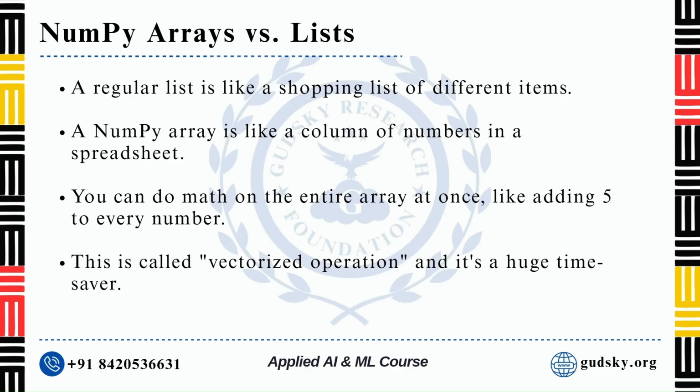The real magic is that you can apply a math operation to the entire array at once. For example, you can add 5 to every single number in your array with just one line of code. This is called vectorization, and it's what makes NumPy so powerful and fast for calculations.